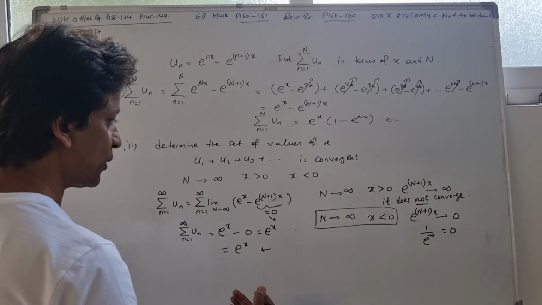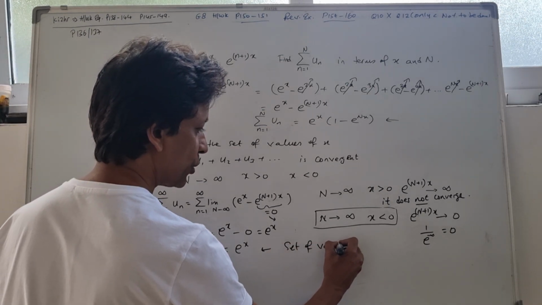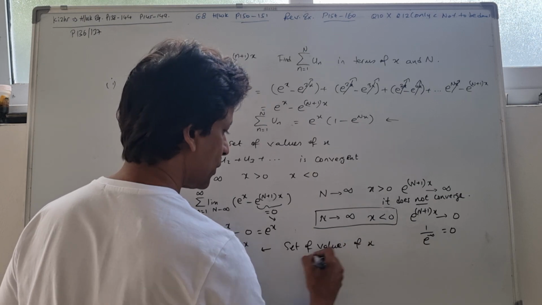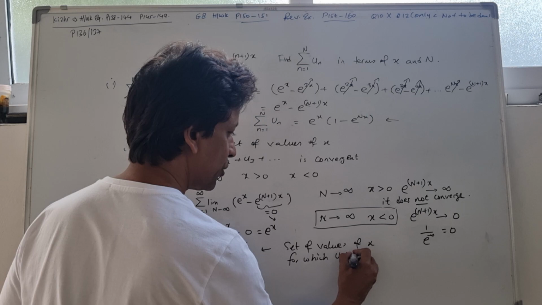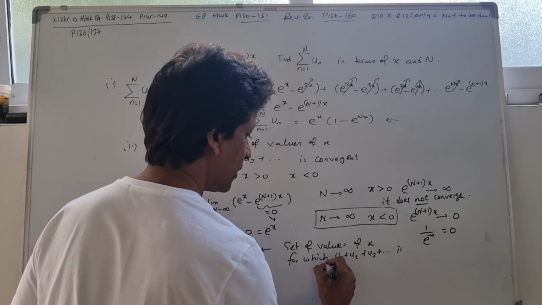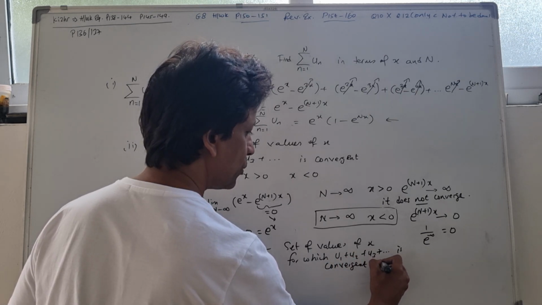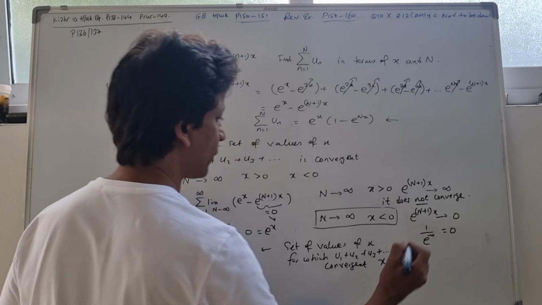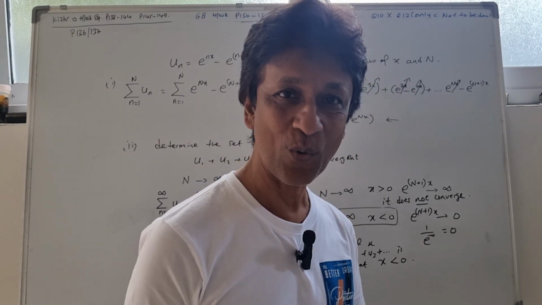We gave the sum to infinity as e to the x, and the set of values of x for which u1 plus u2 plus u3 plus and so on is convergent is when x is less than 0. I hope that makes sense and it answers your question.